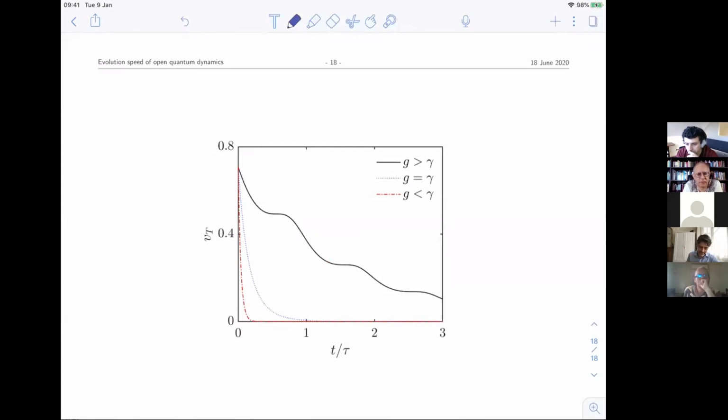And we find that the tangential component of the speed, apart from the fact that it oscillates, is significantly higher in the unbroken phase as compared to the critical or the broken phase. So by sustaining the PT symmetry, you can move the state much further, so to speak.